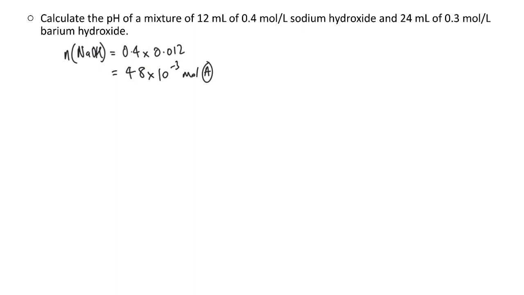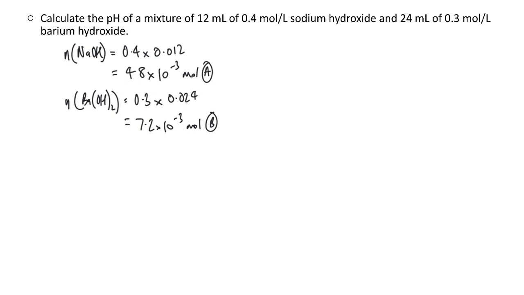We'll save that as A. Then we'll do the number of moles of barium hydroxide. And hopefully remember that barium is 2 plus, hydroxide is a 1 minus, so therefore it's Ba(OH)2. Okay, so this is 0.3, because it's 0.3 moles per liter, and timesing it by 0.024, which happens to be 7.2 times 10 to the negative 3 moles again, and that's B.